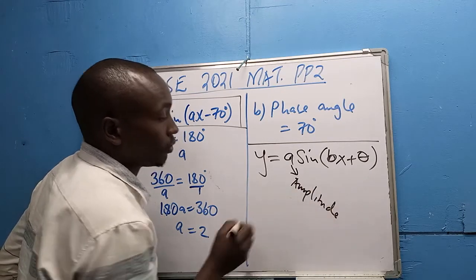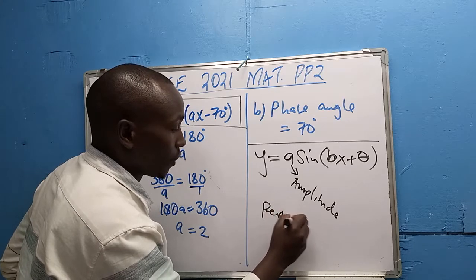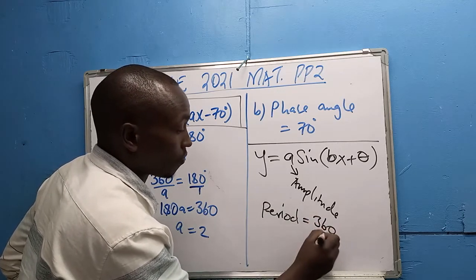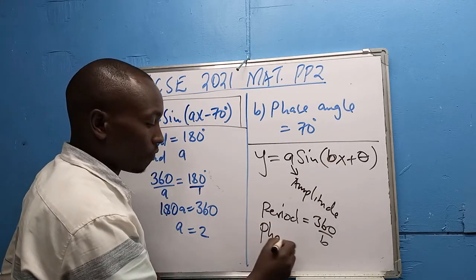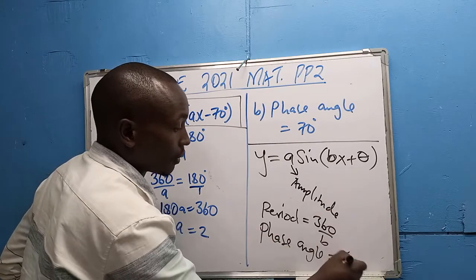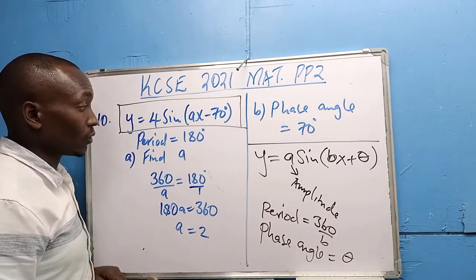If I want to work out the period of this wave, the period will be 360 over b, 360 over what is here. Then what they call the phase angle is always theta. So if you know this, you're good to solve this problem.